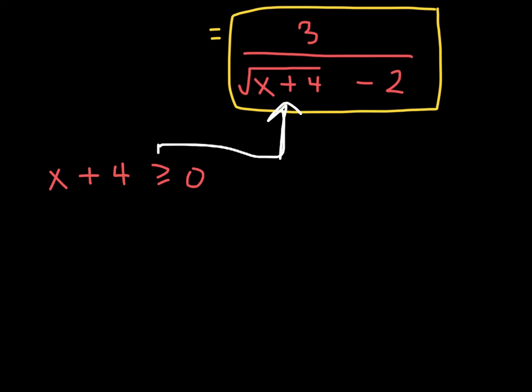In order to avoid imaginary solutions, x plus 4, which is the radicand, the expression underneath the radical, must be greater than or equal to 0. Now, when you subtract 4 from both sides, you get that x must be greater than or equal to -4. So I want you to put that aside for the time being.